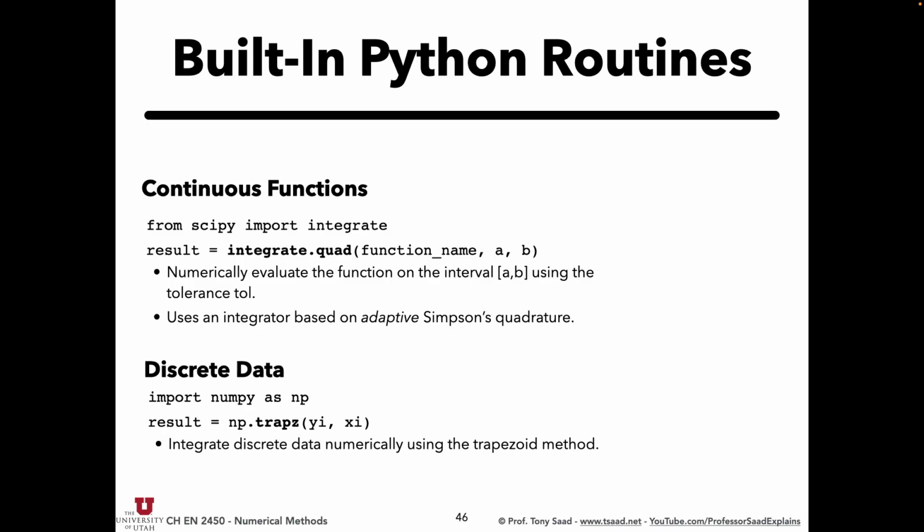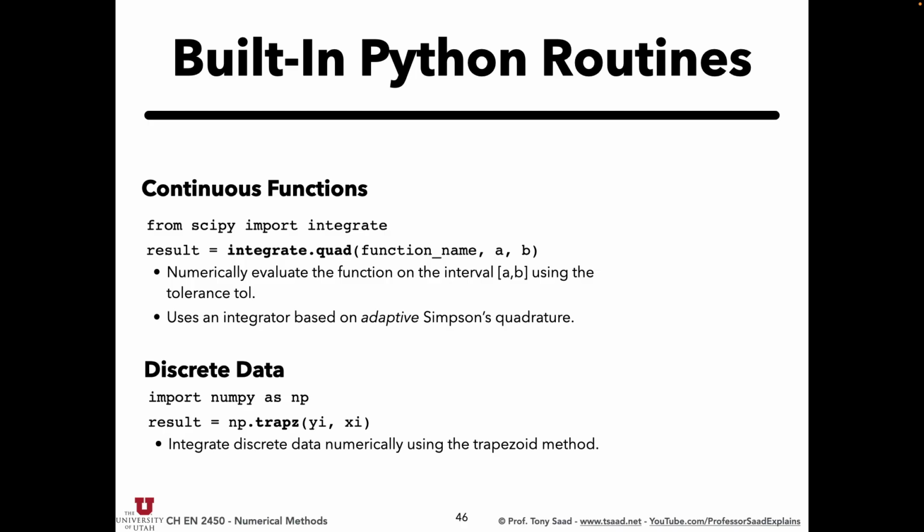That's the numerical technique to compute areas under a curve. So scipy.integrate.quad calculates the integral of a known analytical function between a and b. You just give it the function name, a Python implementation of a function like we did previously.